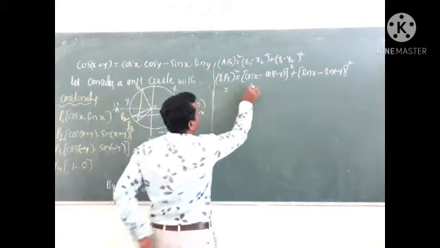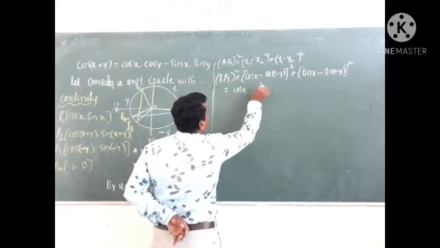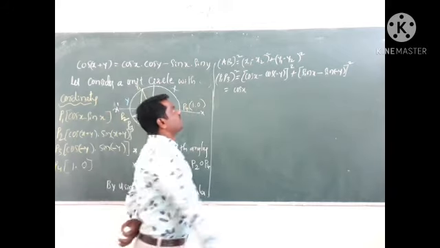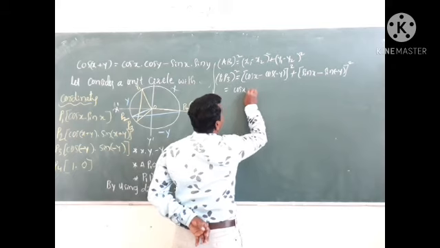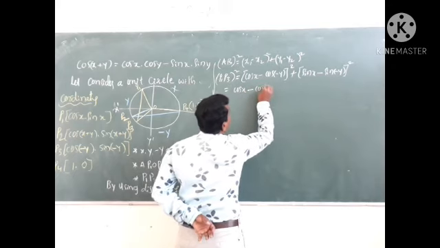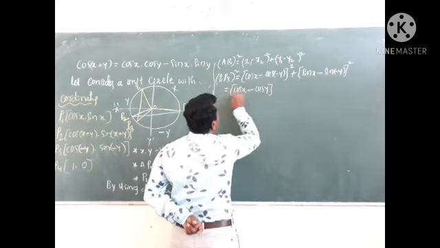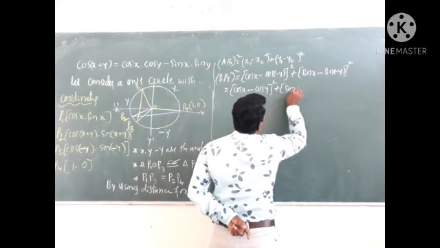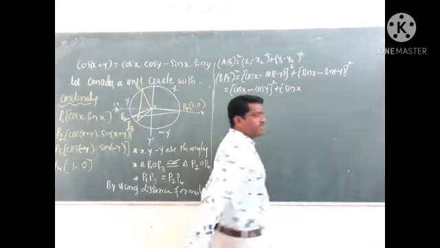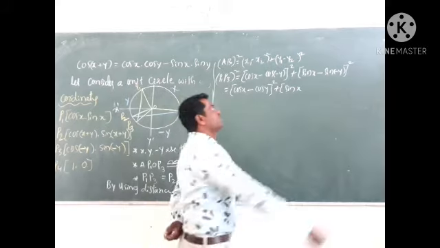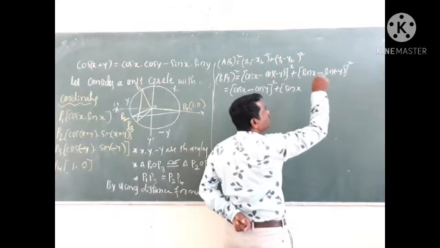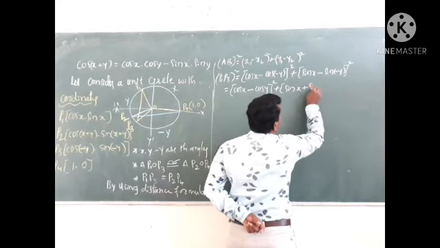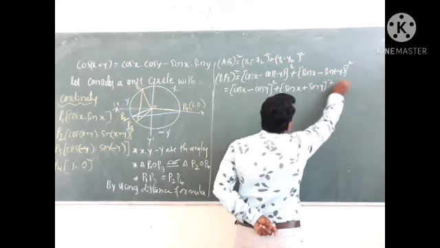Now cos(minus y) is nothing but cos y, so cos x minus cos y whole square plus sin x; sin(minus y) is minus sin y, so sin x plus sin y whole square.